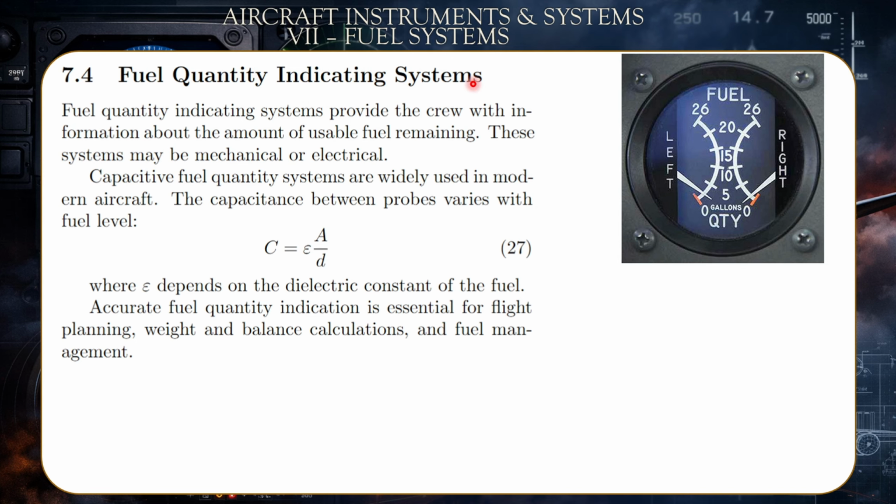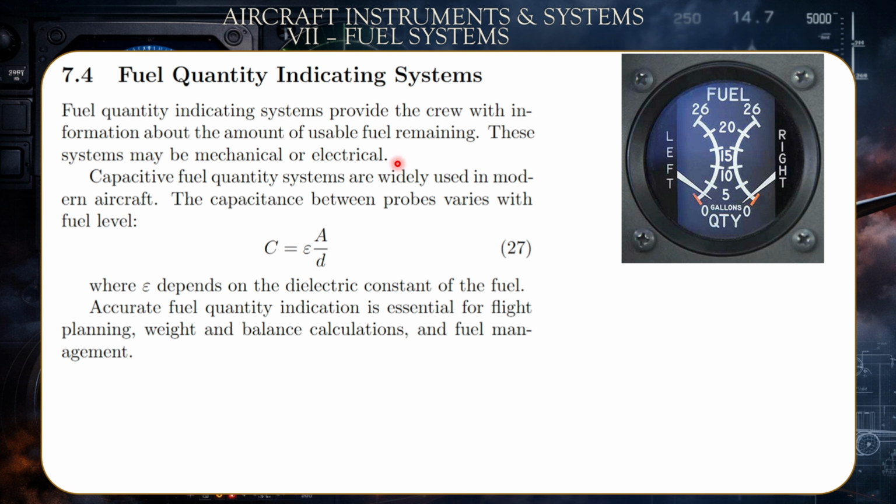Fuel quantity indicating system. Fuel quantity indicating systems provide the crew with information about the amount of usable fuel remaining. These systems may be mechanical, by the way, or electrical.